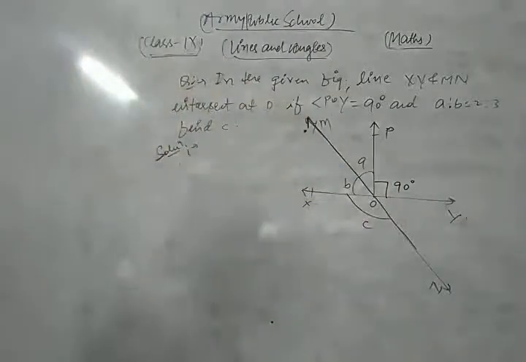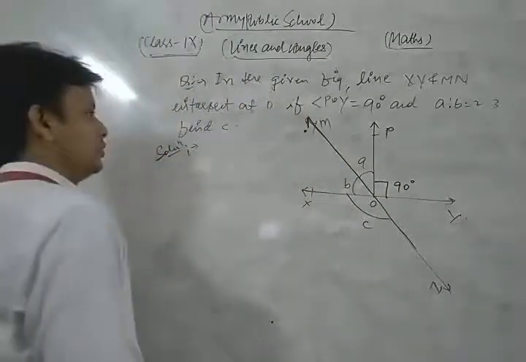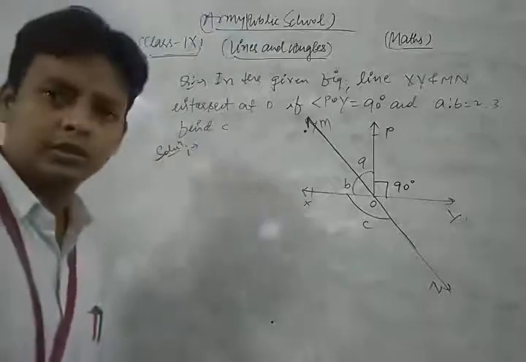Now look. The ratio A to B is equal to 2:3. Okay.